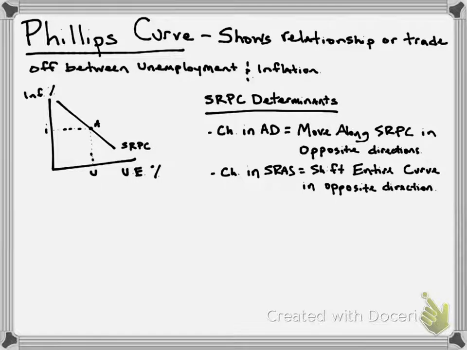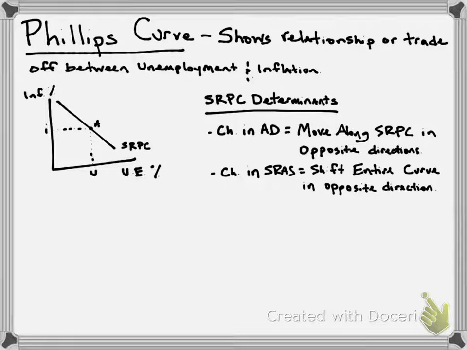But first, the determinants of the SRPC, the short-run Phillips curve. The determinants of the short-run Phillips curve are anytime the aggregate demand curve changes. If something is happening with spending, and aggregate demand represents spending, then that's going to cause a movement along our short-run Phillips curve in the opposite direction. Let's say we had an increase in spending in the economy.